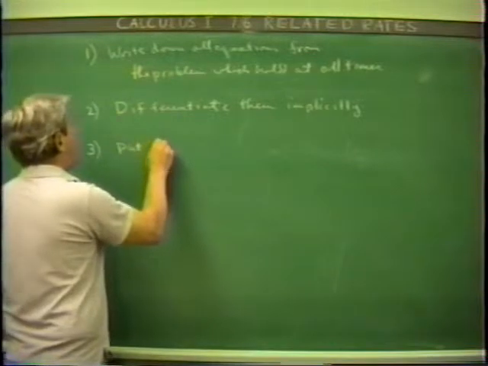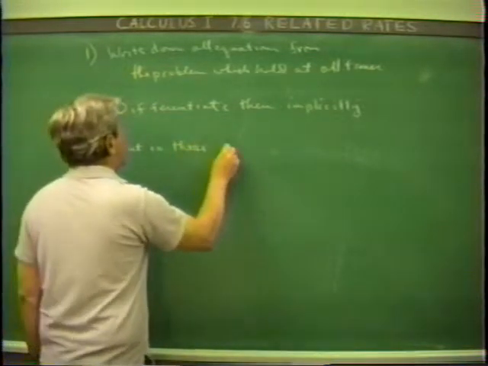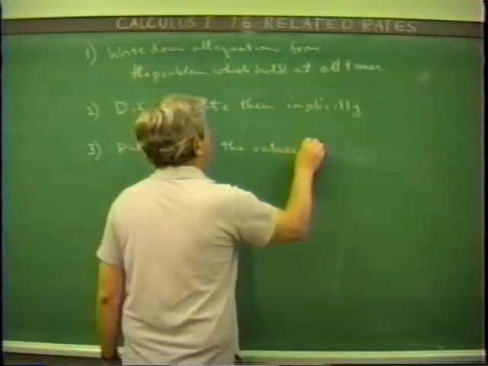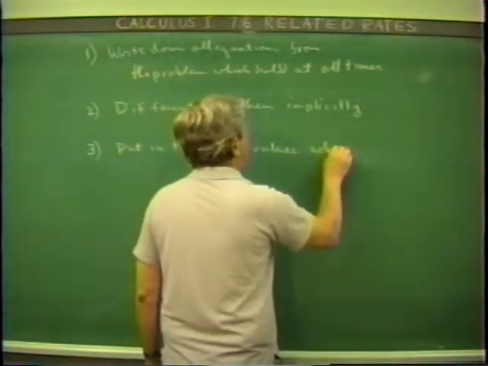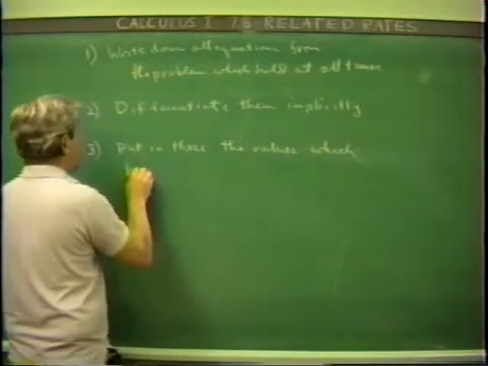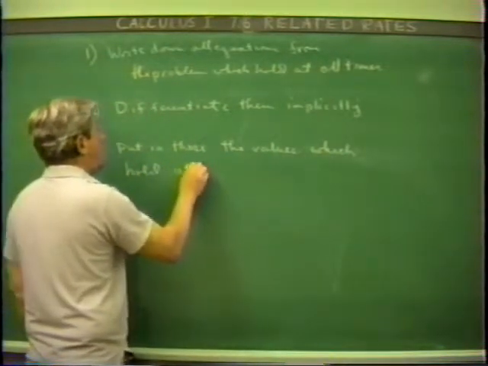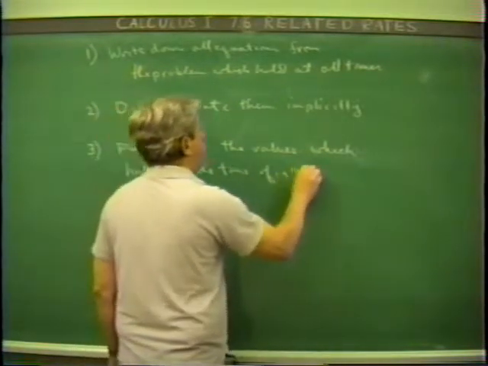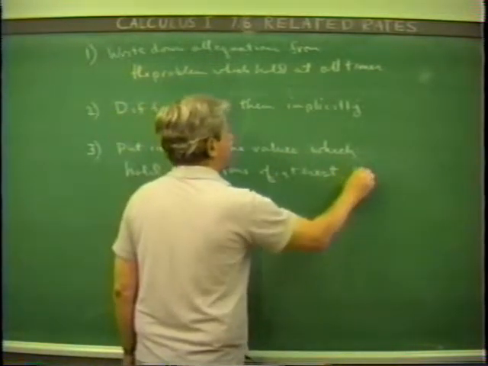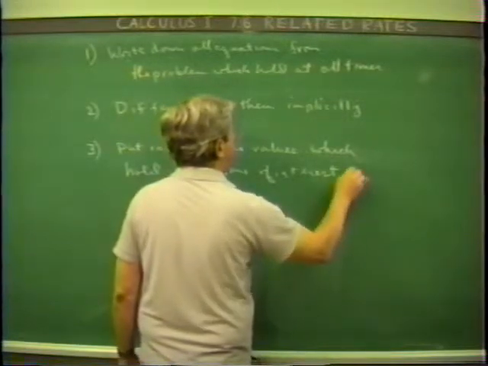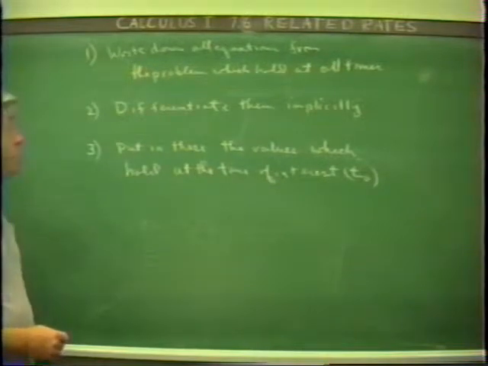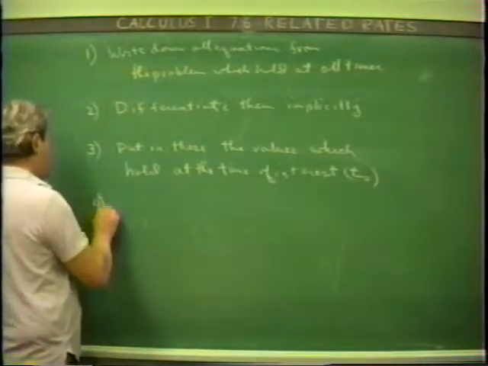Now it's time to put in these equations the values or numbers which only hold at the time of interest. If the original equations were in t, it's not a bad idea to indicate that this time that you're interested in is t naught.